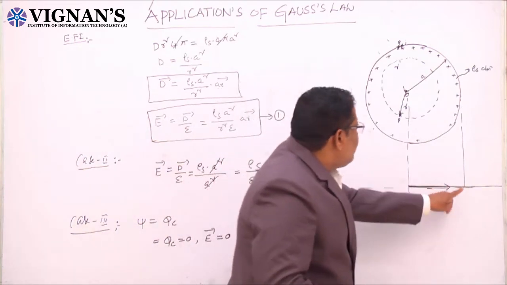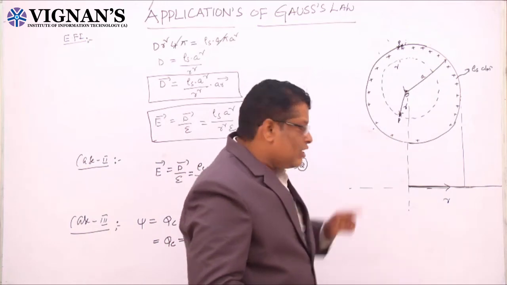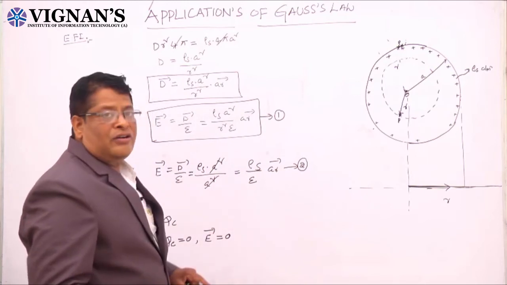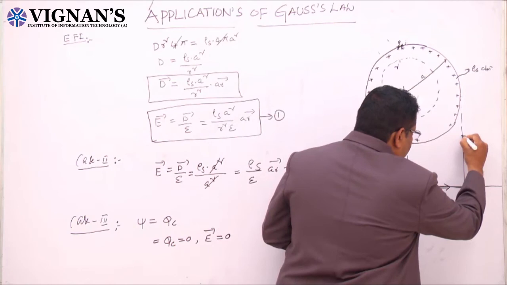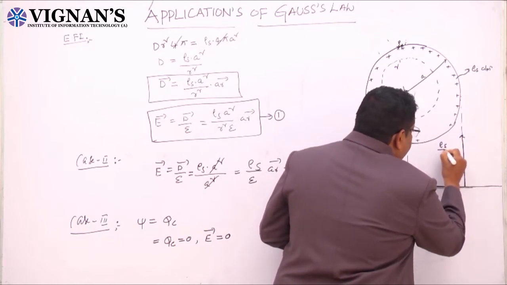When R value equal to the radius of the shell, nothing but case 2, that is rho s by epsilon. This is the magnitude, nothing but up to here. This magnitude we have taken as rho s by epsilon.